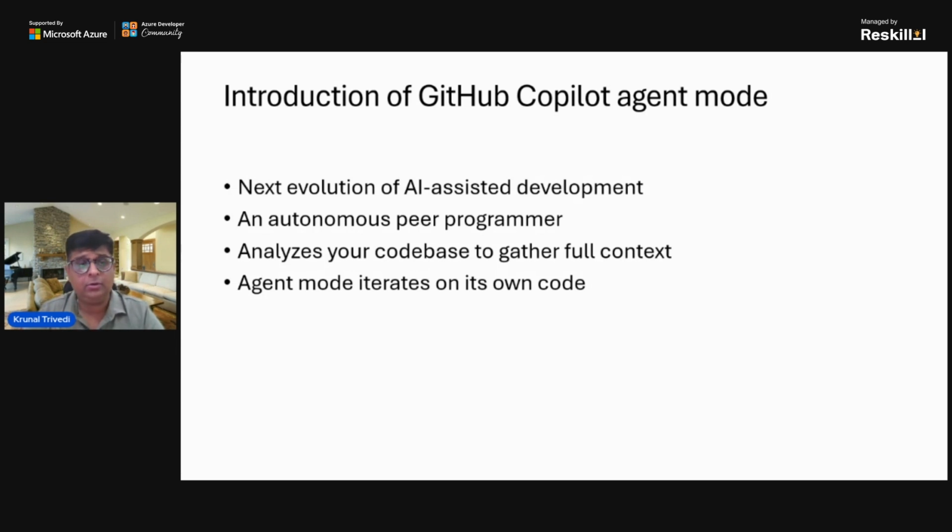But one thing to keep in mind, as of now, it is in preview mode. If you want to work with it in VS Code, you need to install VS Code Insiders Edition. Now, what is VS Code Insiders? VS Code Insiders is the VS Code version having the latest features. They might not be stable, but if you are an early adopter of any software, you can go for VS Code Insiders.